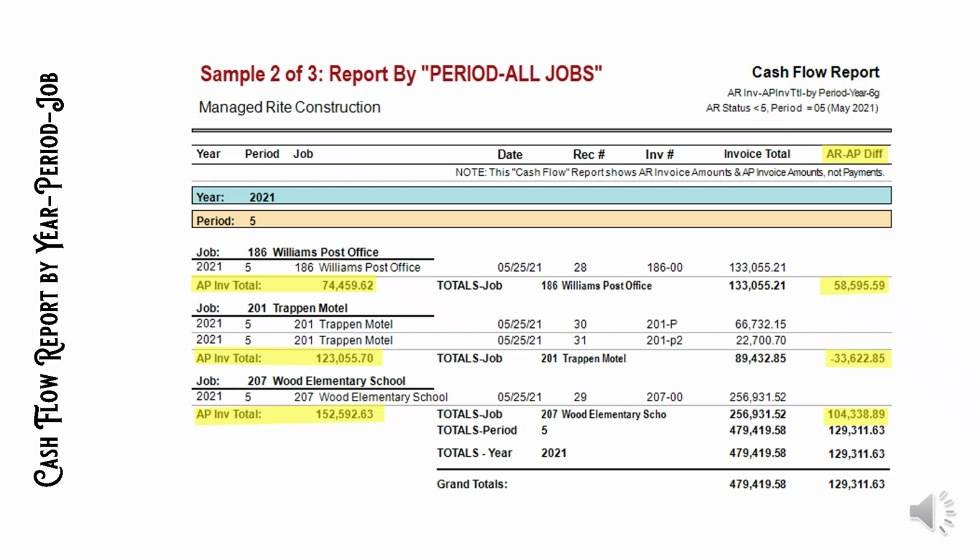And as in sample 1, the last column shows the difference and the total at the bottom. So this is a great report for looking at your cash flow based on invoices.